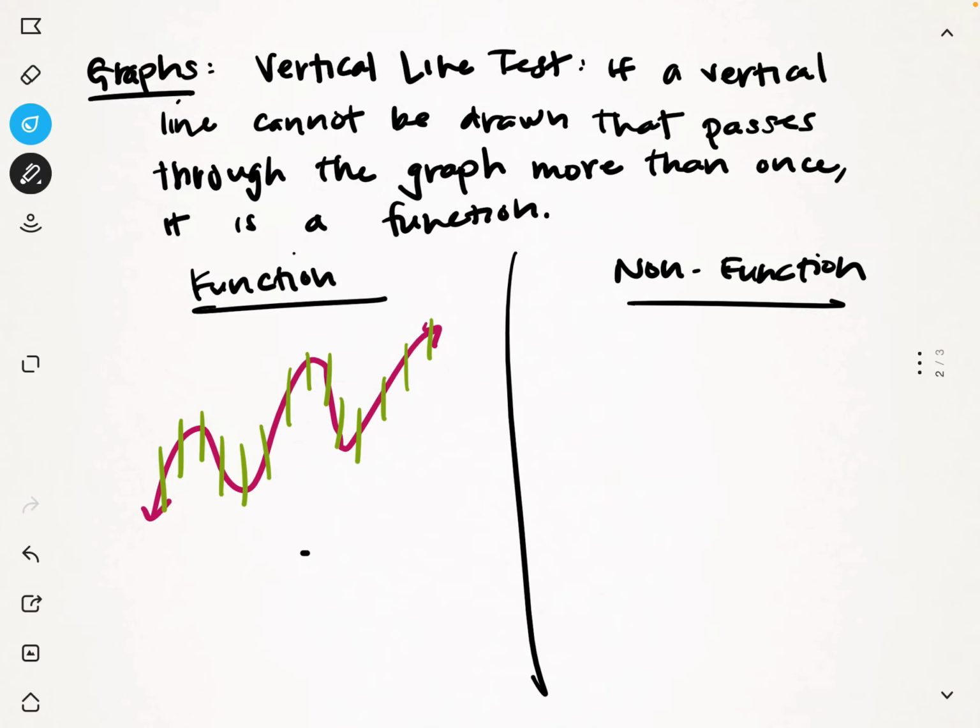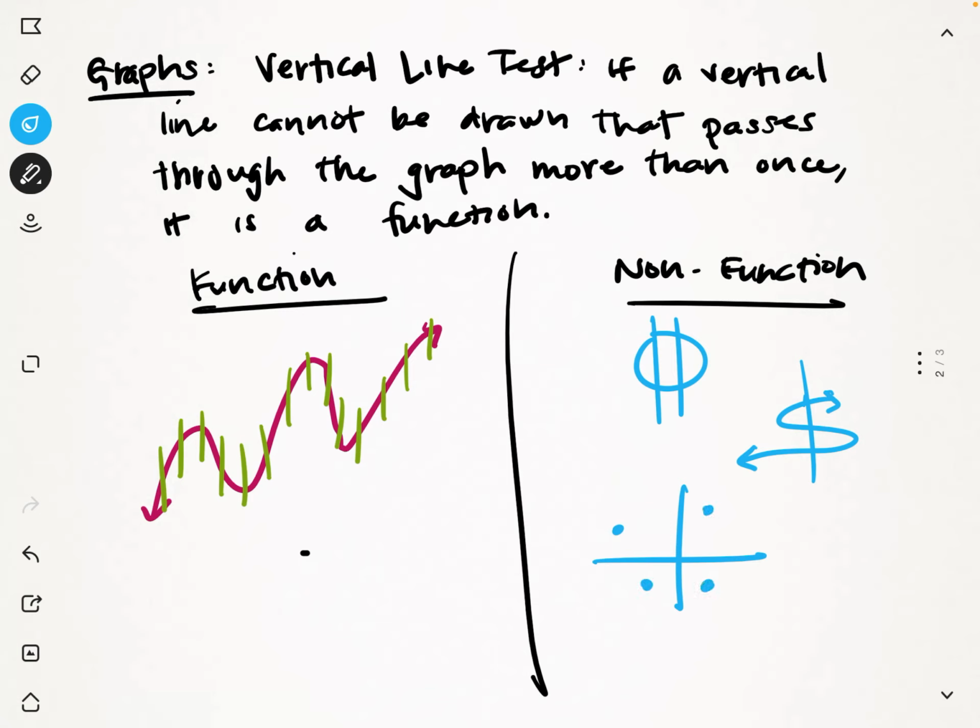All right, so non-functions. Definitely a circle would not be a function because there's plenty of places where we can draw vertical lines that cross through that more than once. Something that's shaped like this, again, does not pass the vertical line test. Be careful with the ones where we have points, right?